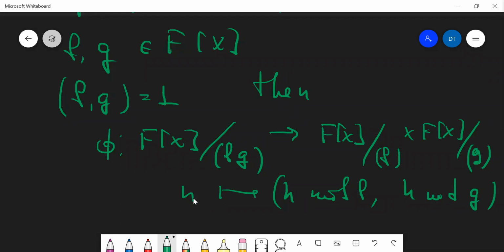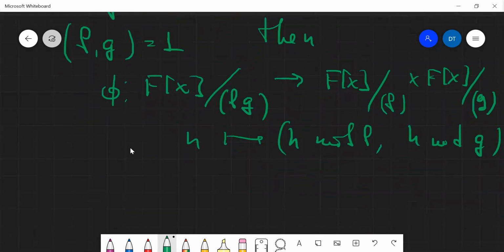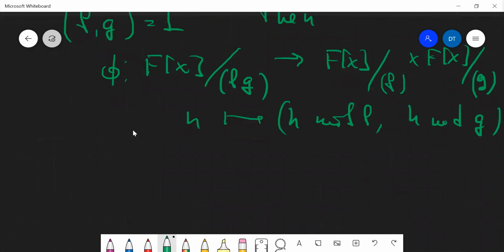And I map this polynomial to a pair h modular f, which is the remainder of h with respect to f, and h modular g, which is a remainder of h with respect to g. So the claim is that this map is an isomorphism of rings.